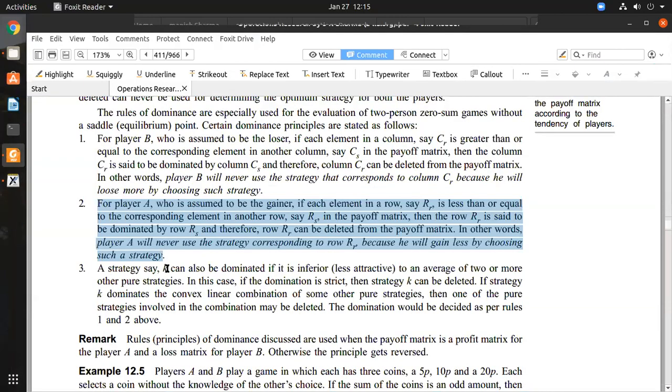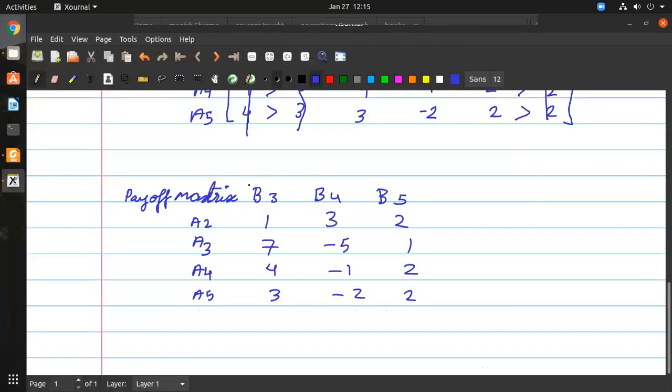Let us say that there is a strategy K, which can be dominated if it is inferior, less attractive, to the average of 2 or more pure strategies. So now let us say that this is pure strategy B3, this is pure strategy B4, and this is pure strategy B5. If I take the average of these two, 1 plus 3 by 2 is equal to 2.